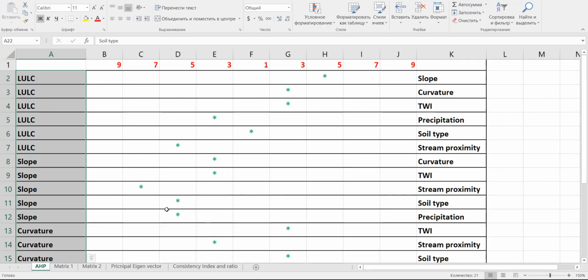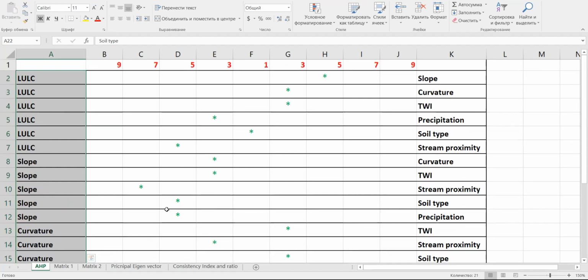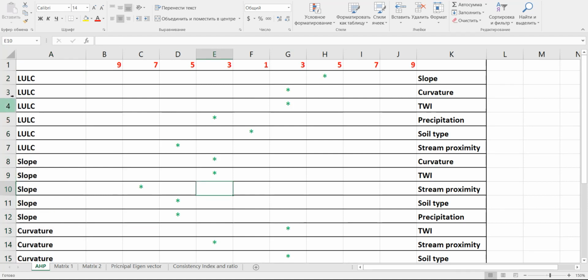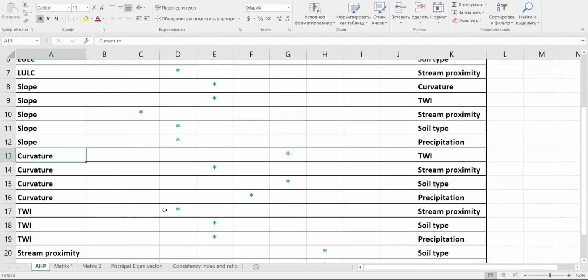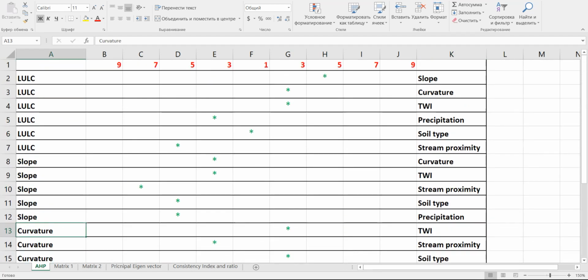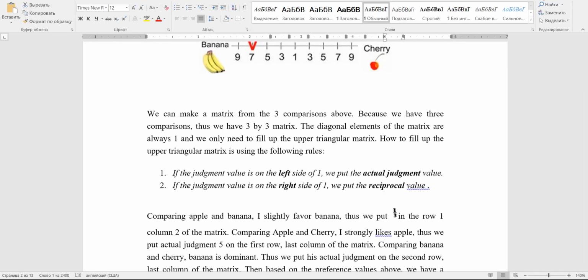So in case you also created 7 thematic layers, you must also have 21 comparisons. I compared all thematic layers with each other without exception. So my ranking is ready.